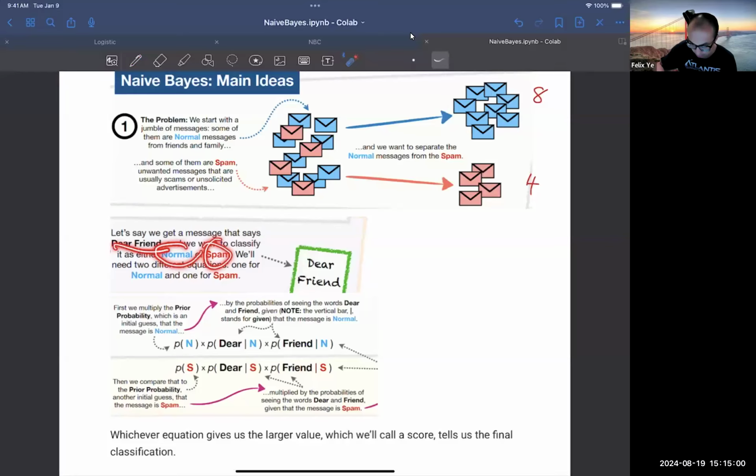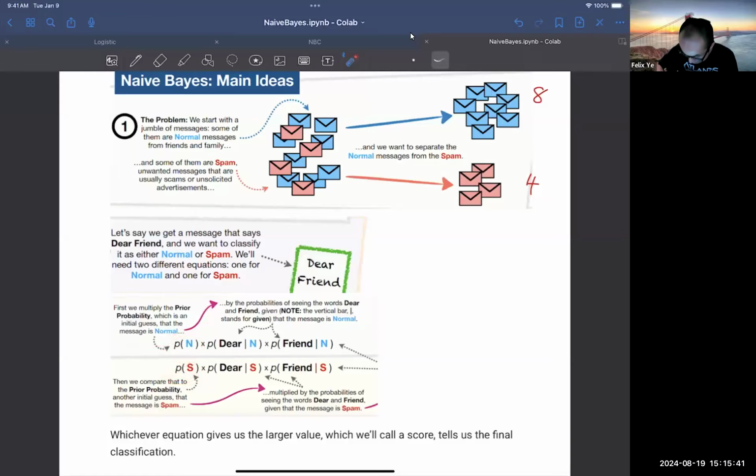We need two different equations, one for normal and another for spam. First, we need prior probabilities: the probability of normal compared to the probability of spam. That means, if you don't have any information, what is the probability that the message is spam, and what is the probability that it is normal?